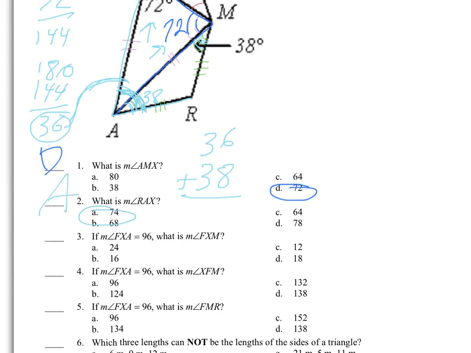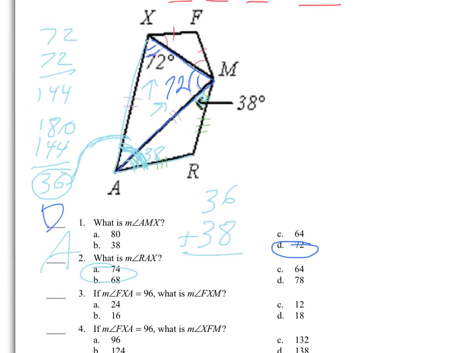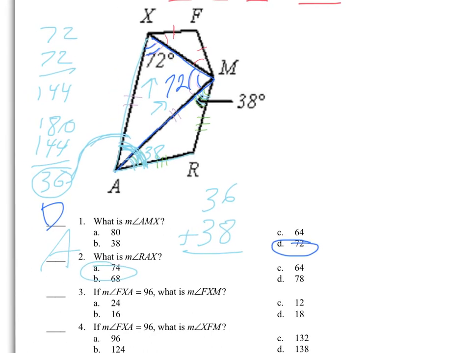Next question. If FXA is 96, so let's get that picture here. FXA, that yellow angle right there, if that's 96, then what is FXM? So the whole angle is 96, but what is this angle right here?